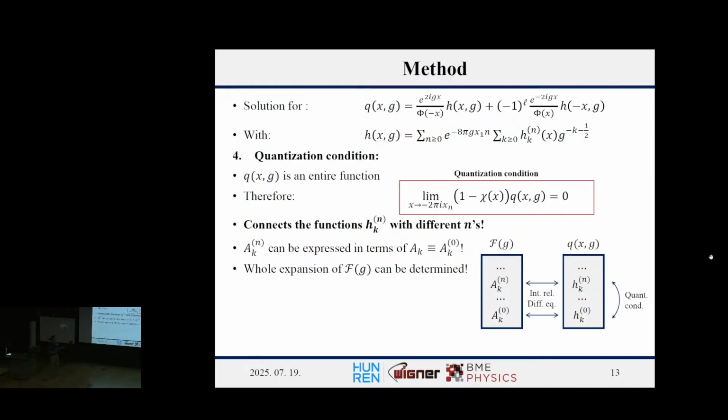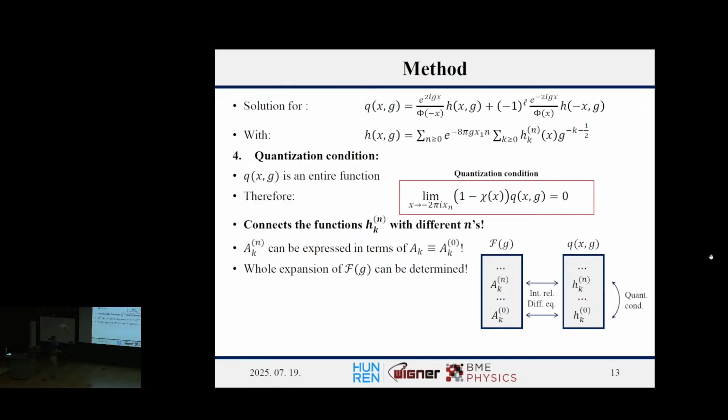What happens when you substitute this value into this function? As you can see from the oscillating part, you will have exponential corrections exactly in the middle of the exponential corrections we are looking for: one half level up from this part and one half level down from this part.